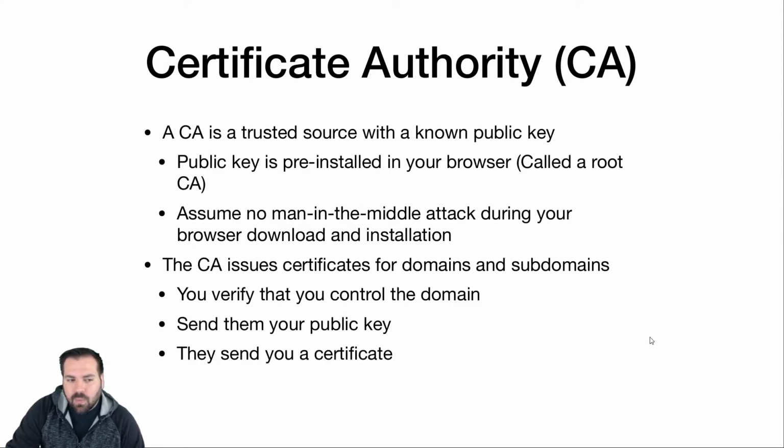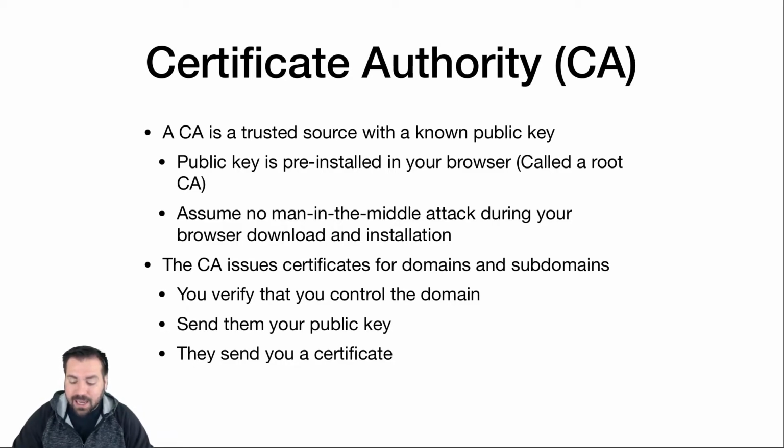And then once we have a site that we want to connect to, that site's going to send us not just their public key, but their public key signed by one of these certificate authorities. So when we have a public key, we're going to generate our public and private key, or have the CA generate those.